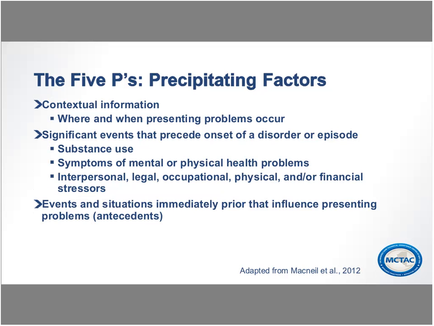Next up is the precipitating factors, and this is more contextual information, the where and when this presenting problem or these presenting problems occur. Are there significant events that happen just before the onset of the disorder or the episode or the presenting issue? If it's a mental health issue, is it substance use that's preceding it?